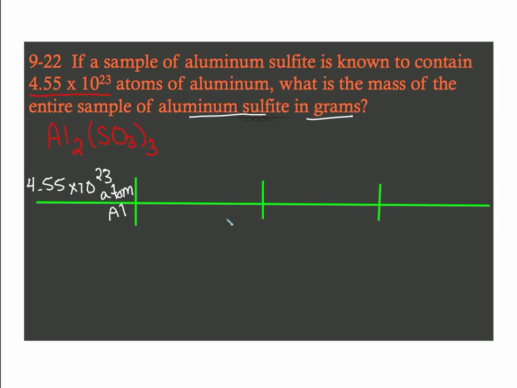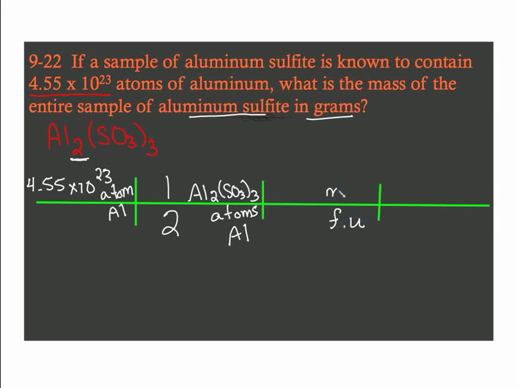So this is backwards of the other one. So I want to eliminate atoms of aluminum, and I want to get to my formula unit. And that subscript tells me that there's 2 atoms of aluminum for every 1 formula unit of aluminum sulfite.